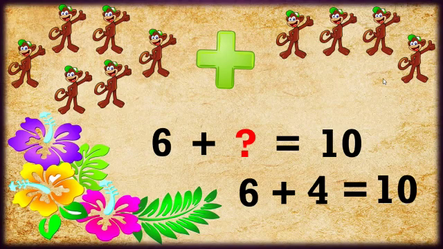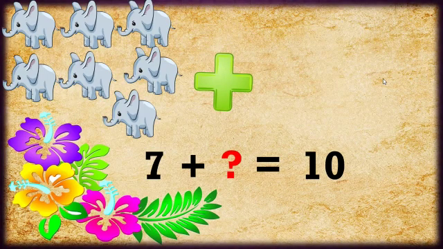Very good. Now our next question is, we have 7 elephants here. Count it with me. 1, 2, 3, 4, 5, 6, 7. We will add some more to make it 10.